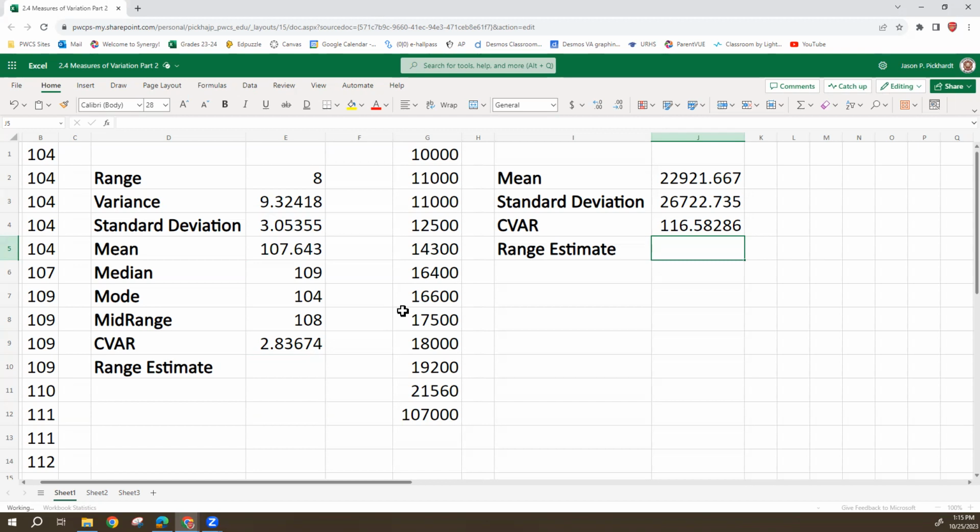You can see that the coefficient of variation for our salaries is much different than our power plants. That's probably not the best comparison because they're two completely different things. But we had these data sets on hand with the calculations already done, so I figured I would use them. It would make more sense to compare maybe the salaries of teachers in South Carolina to maybe the salaries of doctors in South Carolina or some other industry.